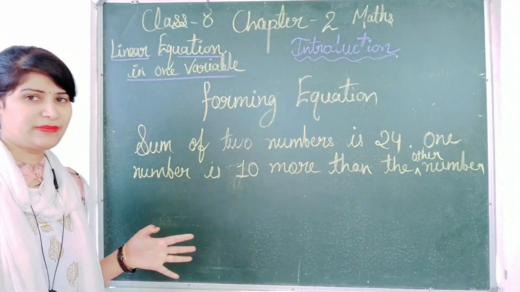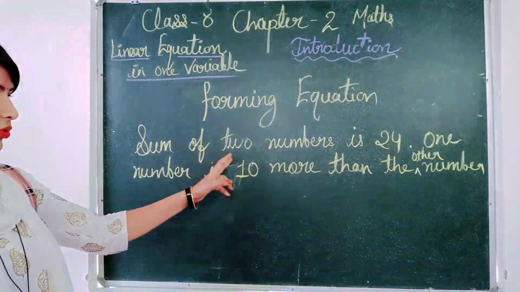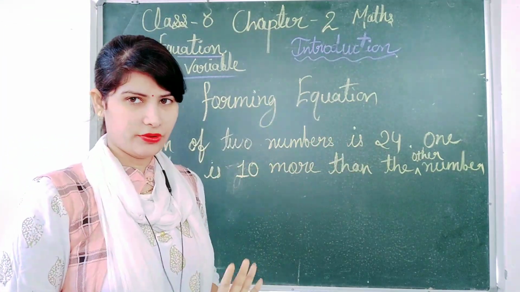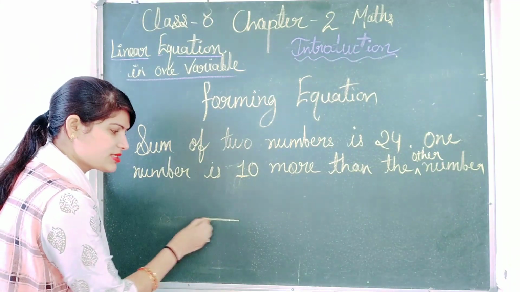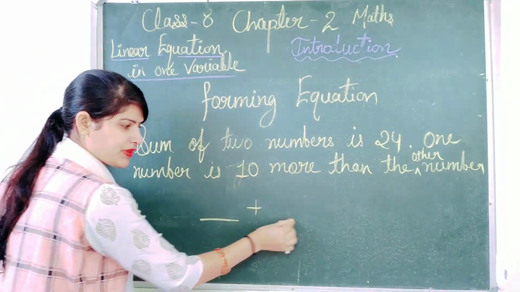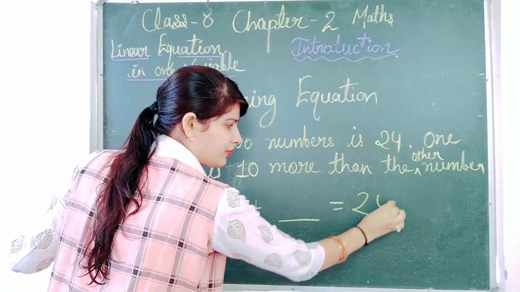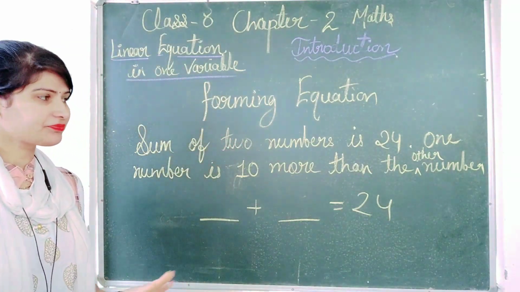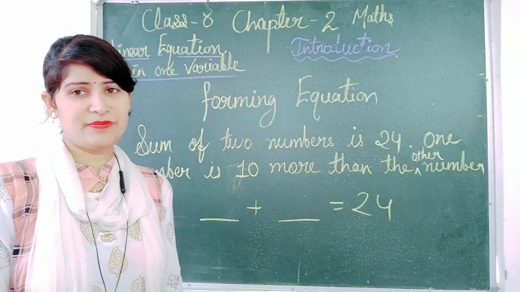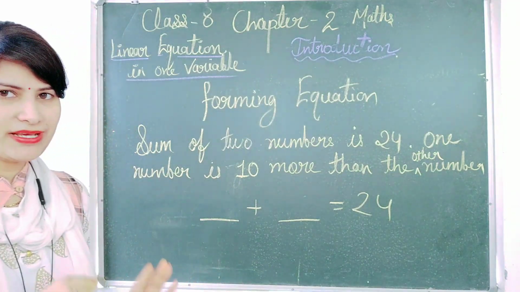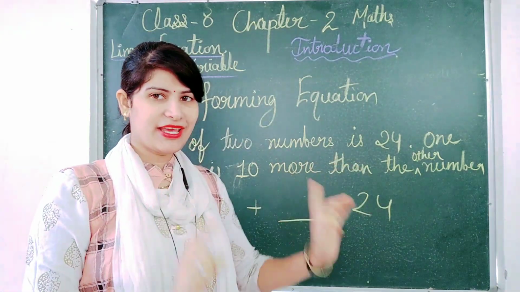If your statement is like, the sum of two numbers is 24, that means we know sum means plus. Read the statement one by one, step by step, and understand it carefully.